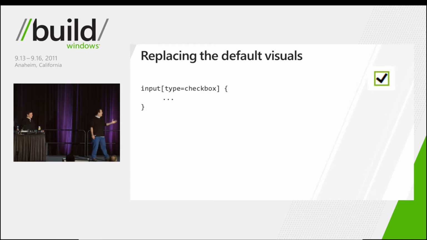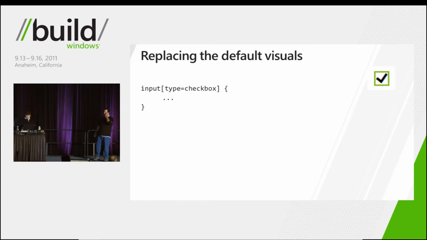So we have the default checkbox, and it looks good, and I can say give it a green border if I want. But I kind of want to take it one step further. I don't want the existing check mark. I want my own artwork, like something based on a controller, for example, and I want this to go outside the box. I really want to change how this control looks.